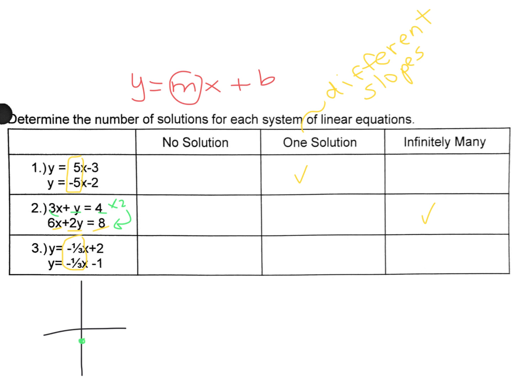Like -8 would be down here, or -1 would be down here, and +2 would be here. But they would rise and run at the same rate. So like down 1, forward 3. So they would kind of go in the same place. So same slope, but different intercepts create parallel lines. Parallel lines never cross. So that would be no solution.